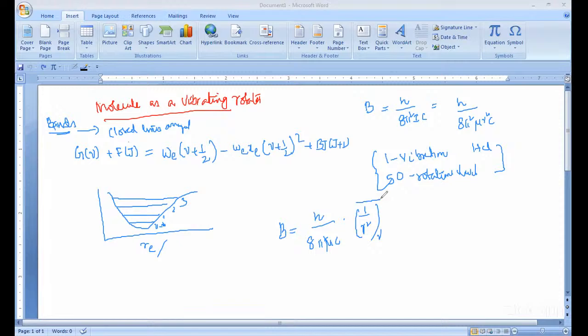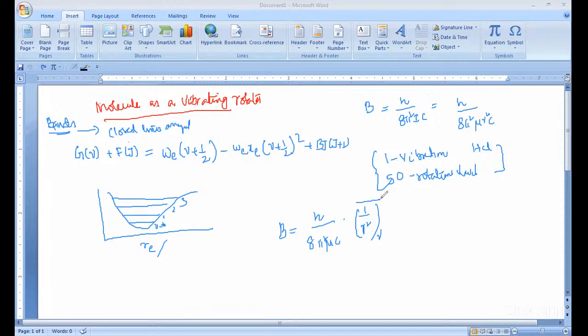Here 1 by r square bar is the mean value of 1 by r square in the vibrational state nu during this vibration.